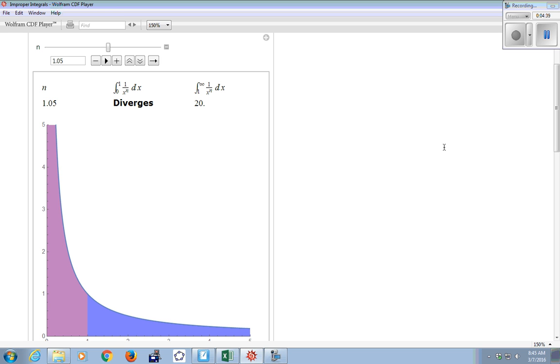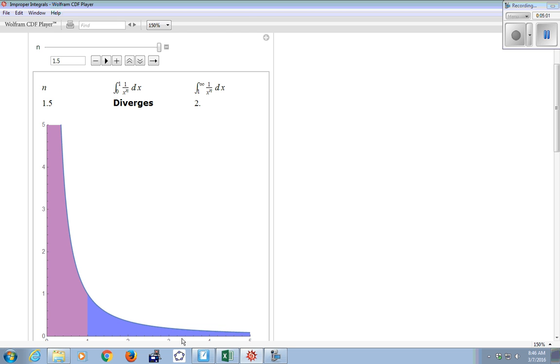It's switched, right? The area from 1 to infinity is now finite, and it converges to a number. And then it stays like that forever.